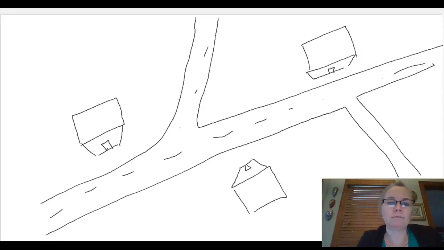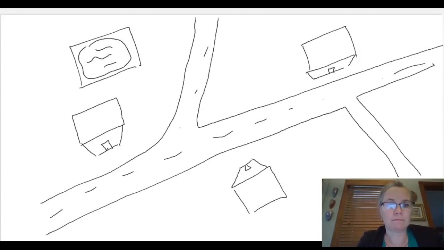And so on. So you might have a pool in the backyard here. You have a pool, you gotta have a little fence. So let's make a little fence around the yard here.